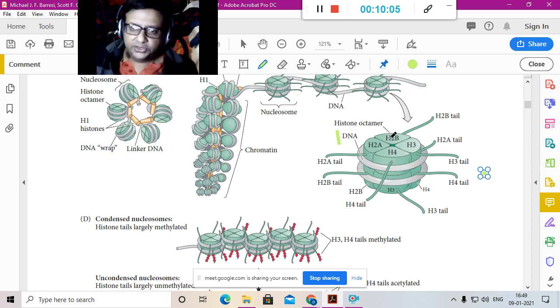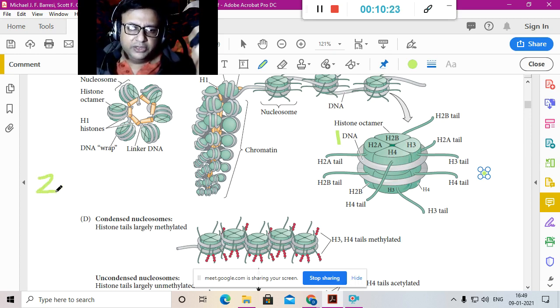And you have the histone octamer H2A, H2B, H3 and H4 present 2 times. H2A is present, 1 on the top, 1 bottom. H4, 1 on the top, 1 bottom. So you have basically an octamer.